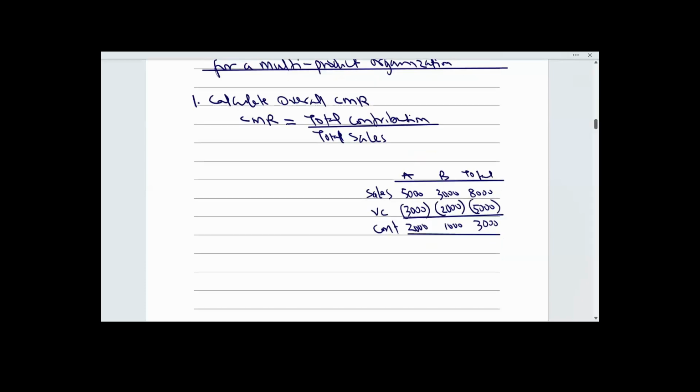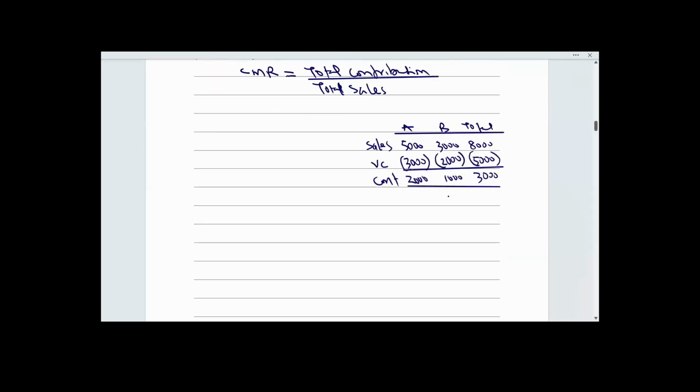So if you now want to determine, for example, if I want to calculate contribution margin ratio for product A, this will be 2,000 divided by 5,000. I will get my answer.